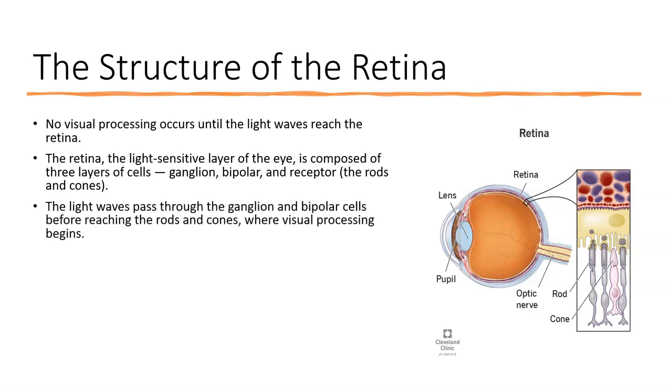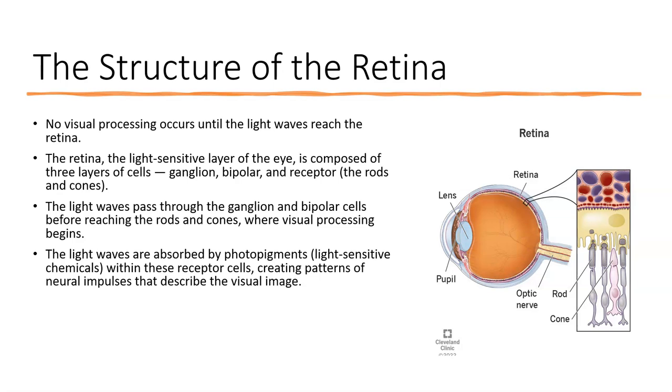The light waves pass through the ganglion and bipolar cells before they reach those sensory neurons, and that's when processing actually starts. The light waves are absorbed by photopigments, so these are light-sensitive chemicals inside the receptor cells. That's what creates a pattern of neural impulses. It's the pattern that arrives in the brain that then is interpreted and made sense of.